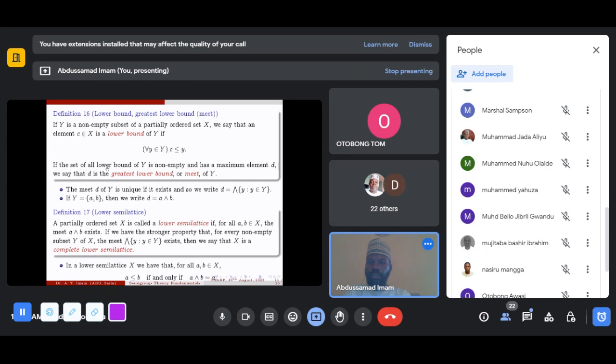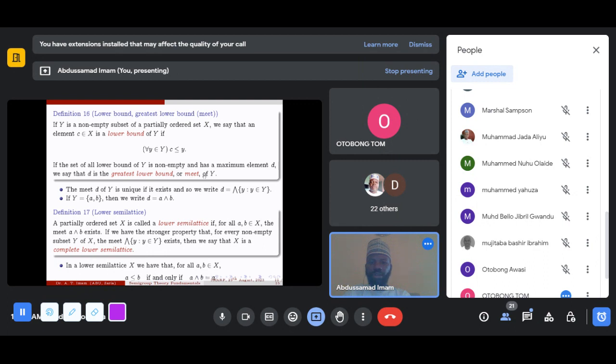And if the set of all lower bounds is not empty and it has a maximum, then the maximum is called the greatest lower bound, the GLB. But in the language of ordered set theory, we call it the meet.